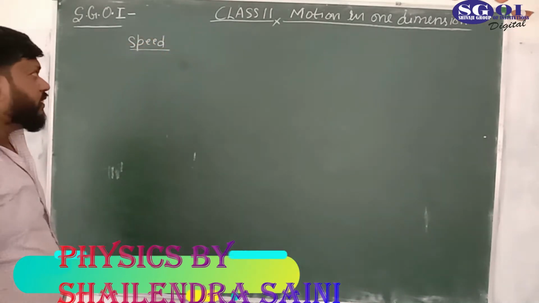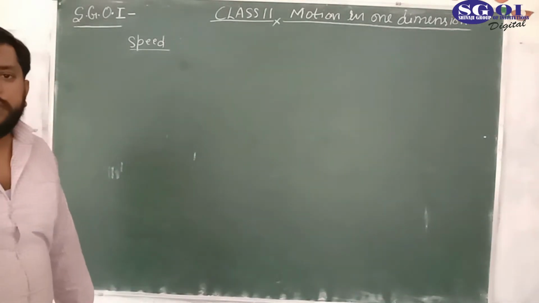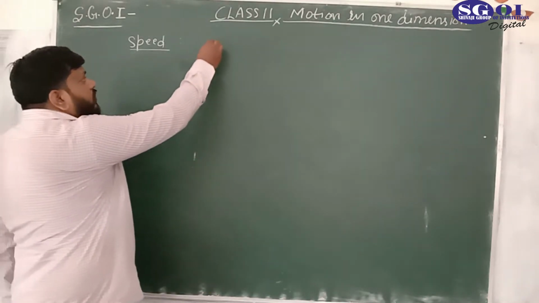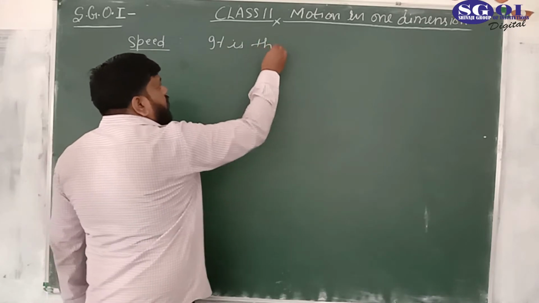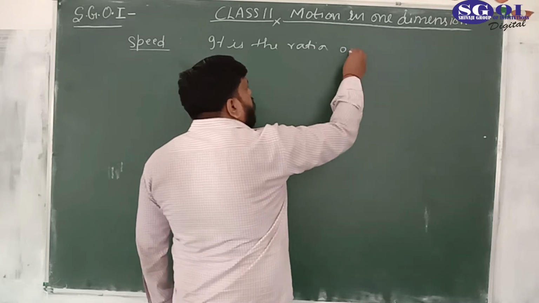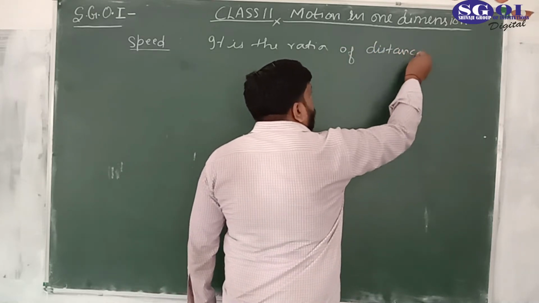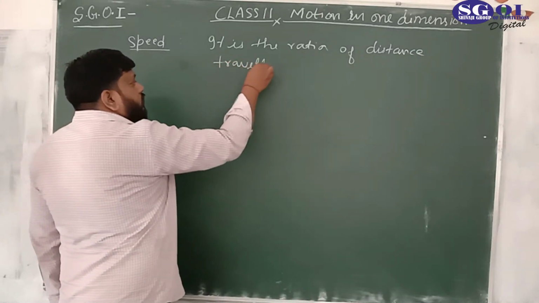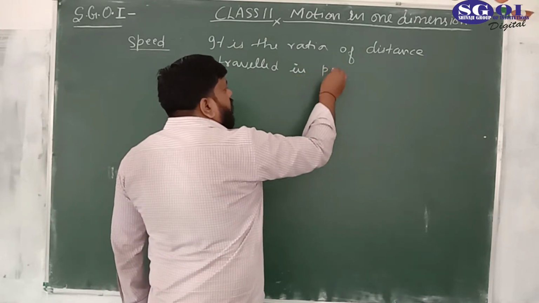So what is speed, students? Speed is the ratio of distance traveled by the object in a particular interval of time.